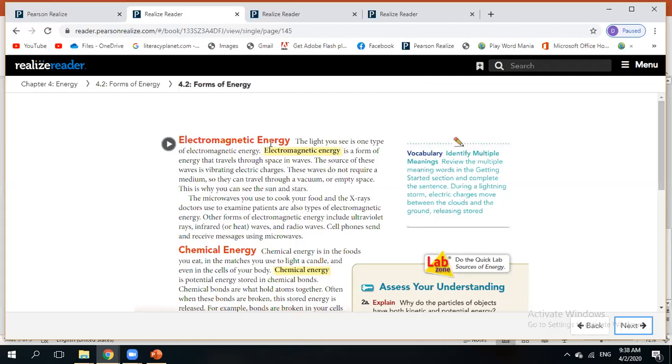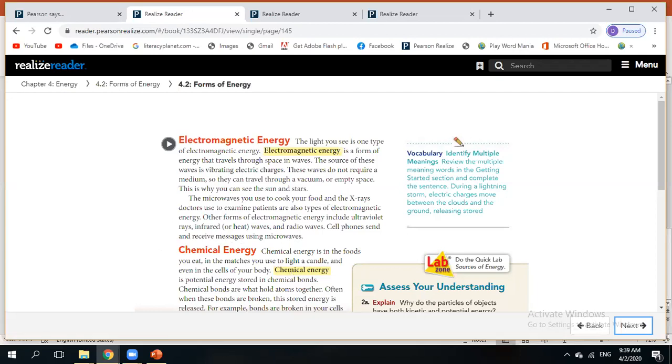What about other forms of energy that are associated with the particles of an object? These are the electrical energy, the energy of electric charges, and electromagnetic energy, the form of energy that travels through space in waves. Chemical energy is stored in chemical bonds.